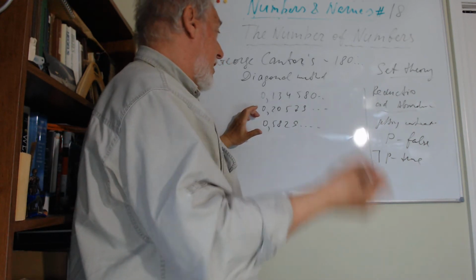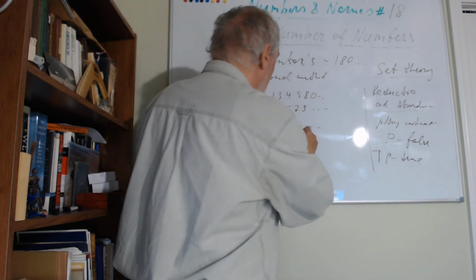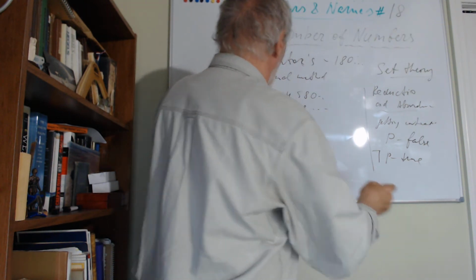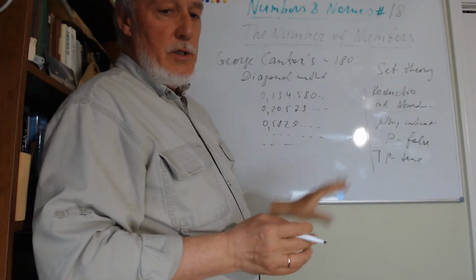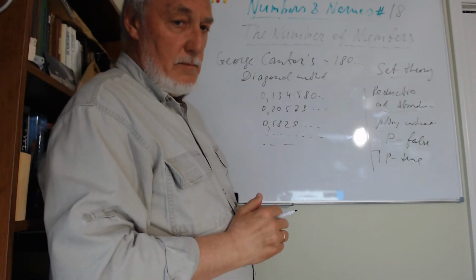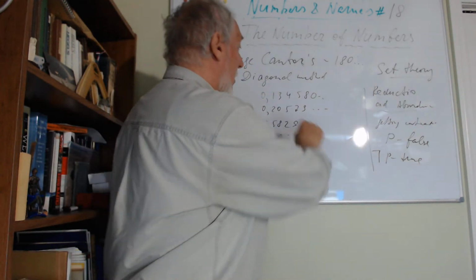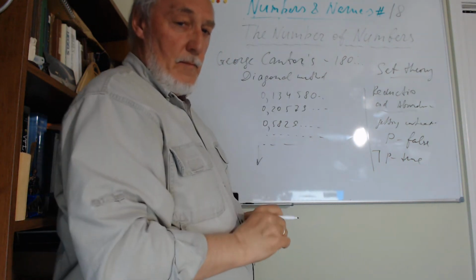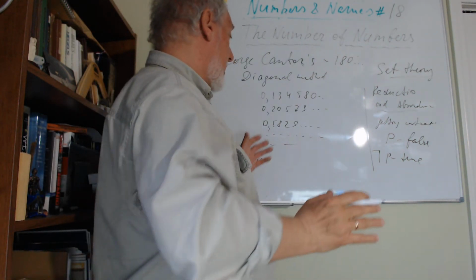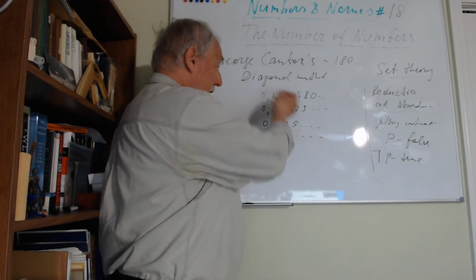And he suggested that he wrote all of these irrational numbers, each and every one of them. It goes infinitely there. And of course, you can count them.